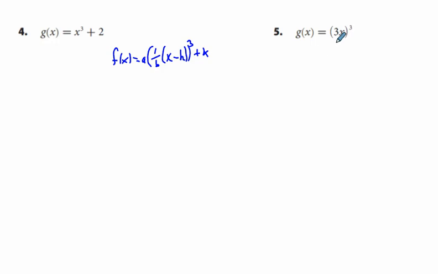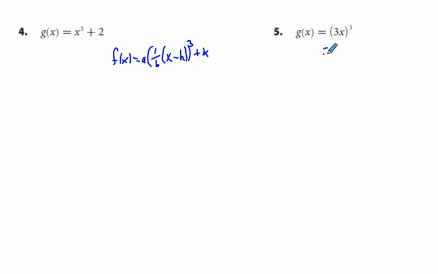Okay, what I don't like to deal with is this b inside, because what you're doing here with the b, you're going to be horizontally stretching or compressing. I like to go ahead and work it out so we figure out what a is.